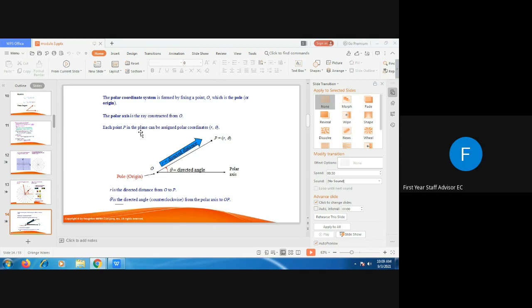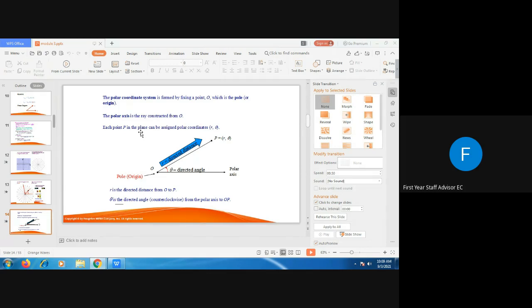One is the rectangular or Cartesian form. In that form, a vector is represented in both real axis and imaginary axis, that is x plus jy, where x is the value in the real axis and y is the value in the imaginary axis.